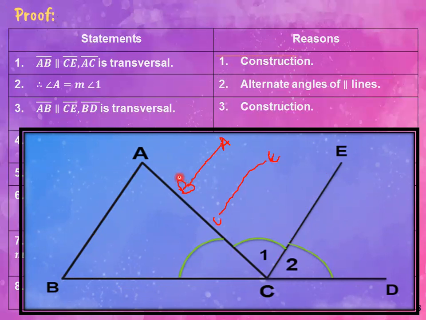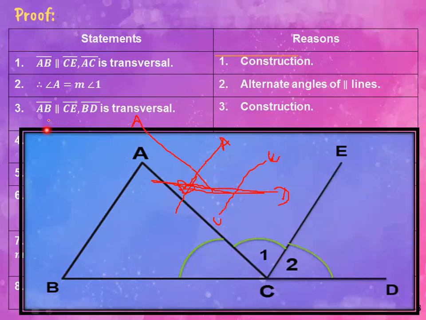Here you have another line which is intersecting the two parallel lines. This line is called BD. Why a transversal? Because it is intersecting the parallel lines. So this was your construction. Remember, you produced this BC to D. Again, this was your construction. It was not given to you, but you have constructed it. I hope it is clear.